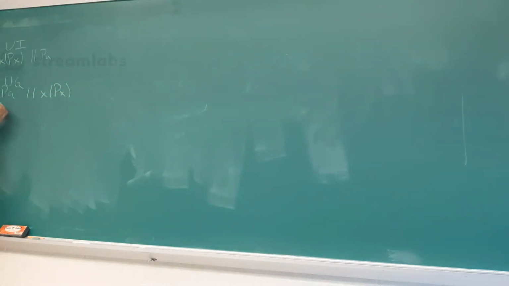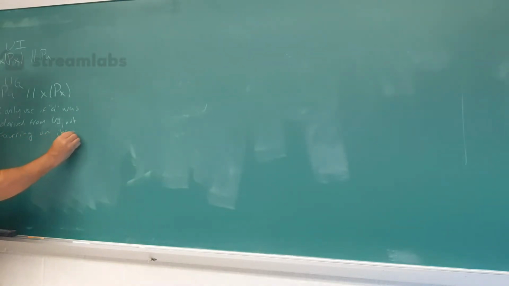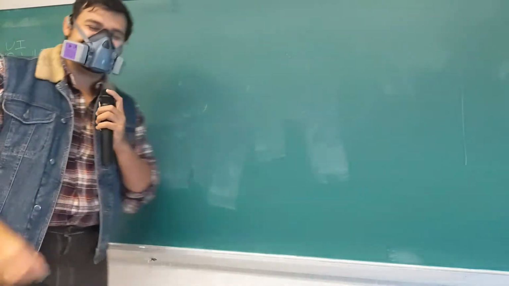Restriction R: only use if A was derived from universal generalization, universal instantiation, not occurring on its own. Okay.